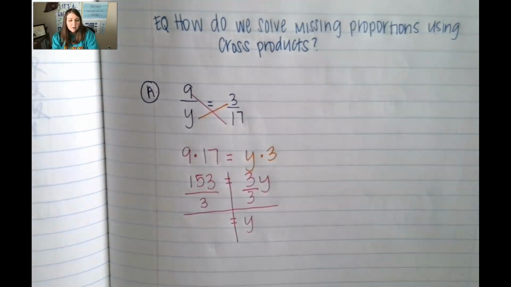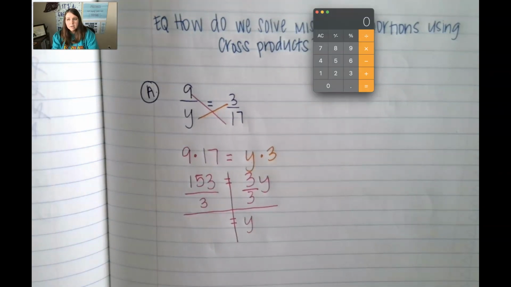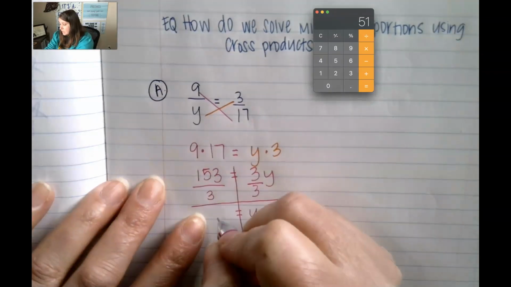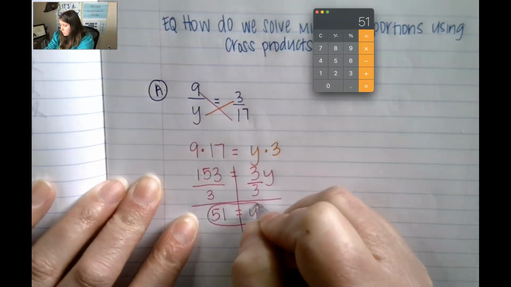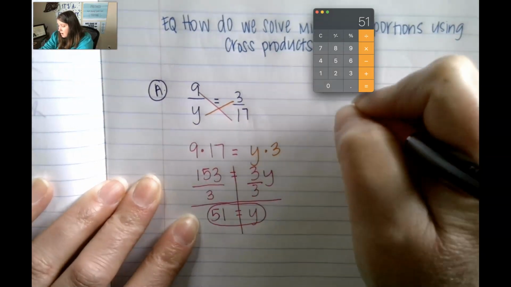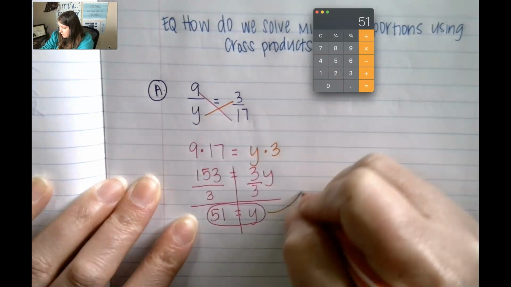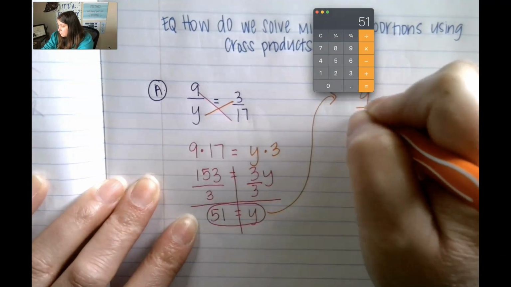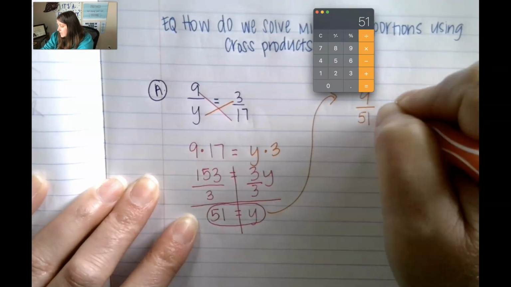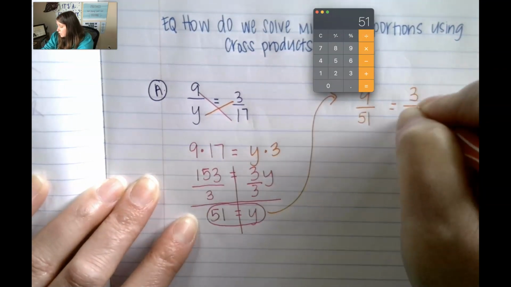So let's grab our handy dandy calculator. We'll do 153 divided by 3, and that gives us an answer of 51. So y equals 51. So this means that our new proportion is 9 over 51 is equal to 3 over 17.